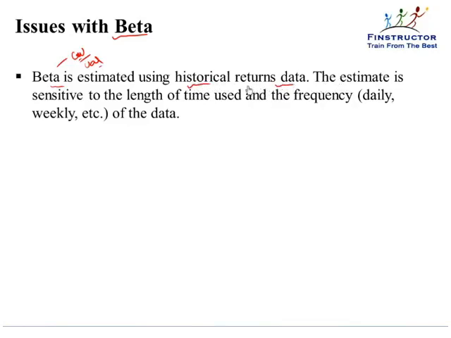And what returns data do I use? Do I use daily returns, weekly returns? And how many years of such returns should I consider? Whether it is the last 10 years of daily returns or the last 5 years of weekly returns, these are all decisions that need to be taken, and all these choices will change the estimate of beta. So the estimate is quite sensitive to all these factors.